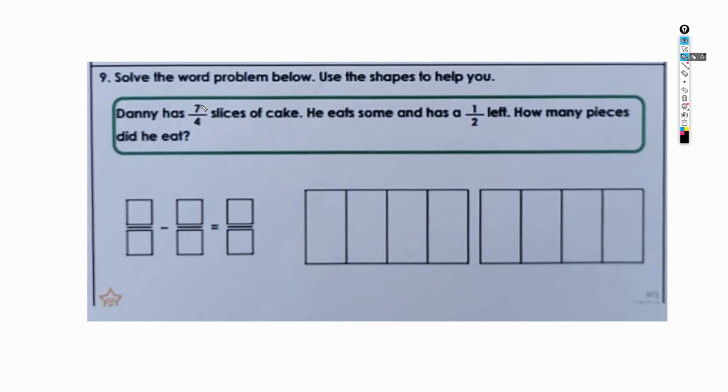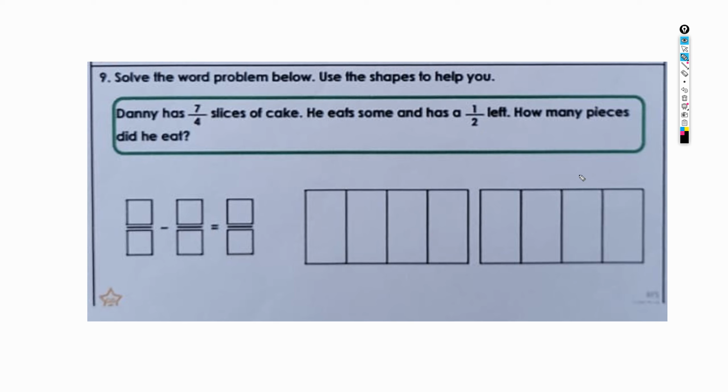So Danny has 7/4 slices of cake. Each of these wholes has been divided into four equal pieces, because that's what the denominator tells us.